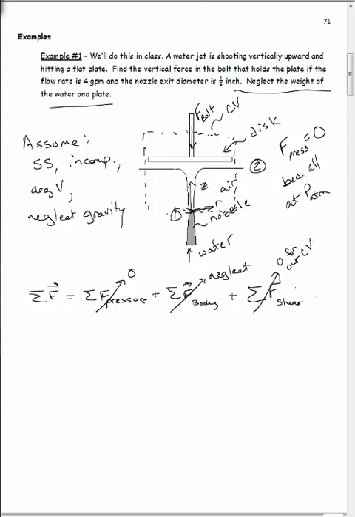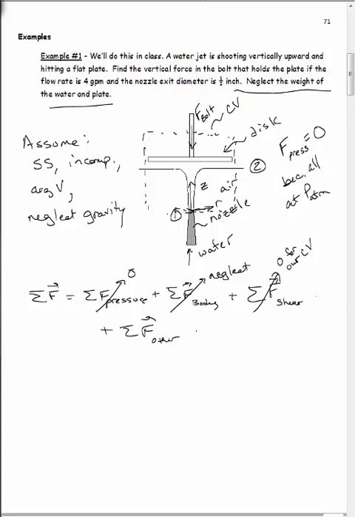And then what we have is other forces, the sum of the other forces. Basically you're going to get these other forces whenever your control volume passes through a solid. So right here we have our bolt as our other forces.